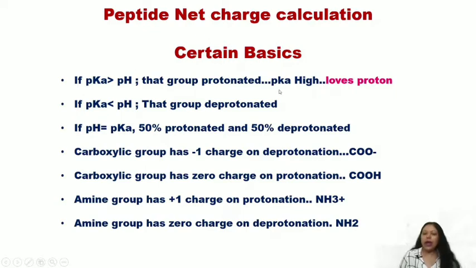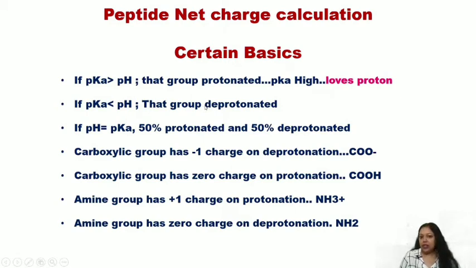Most amino acids have two pKa values, like diprotic acids, which have only a carboxyl and an amino group in their chain, but certain other amino acids have 3 pKa values, meaning triprotic acids, meaning that apart from the amino and carboxyl group there is an R group which is also ionizable.